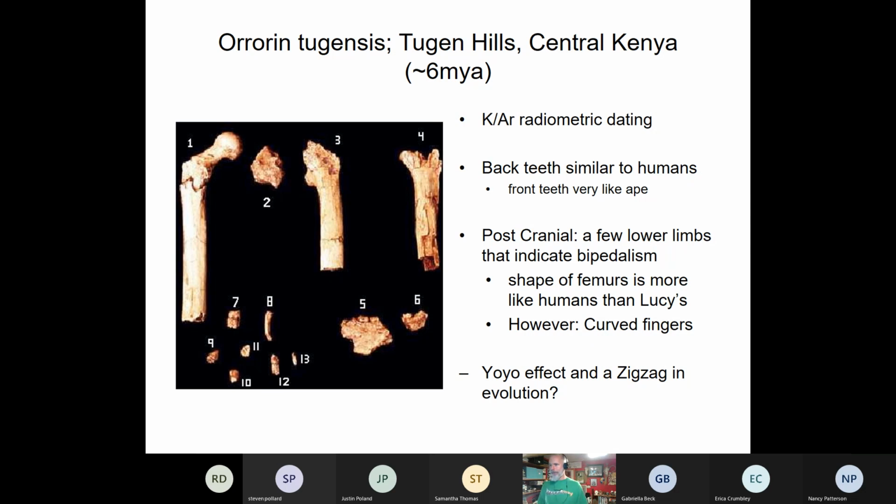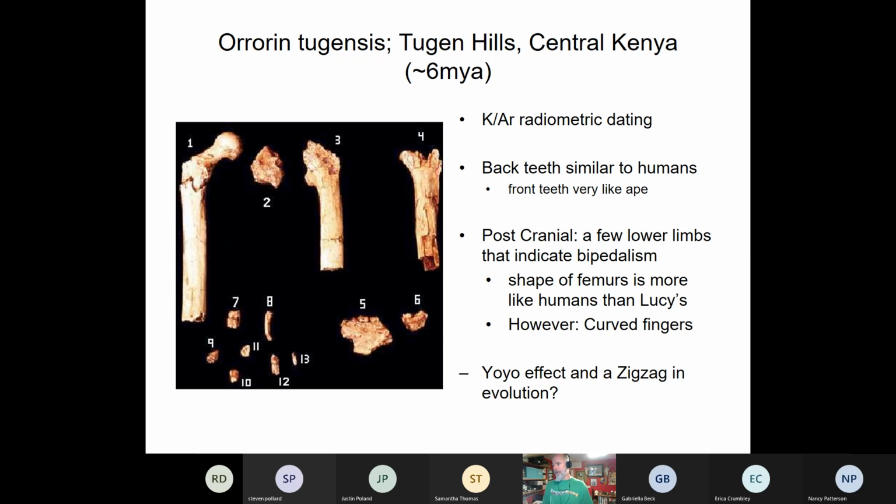But they definitely are more like apes on the front teeth, meaning that the honing complex and the canines seem to be more like apes. And make note that they used potassium argon to date these bones, so we have a more definitive understanding that this is a 6 million year old fossil.